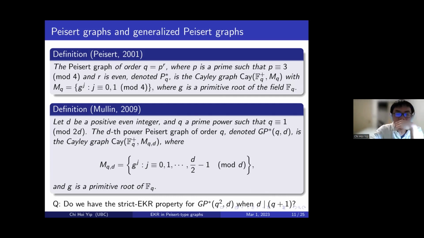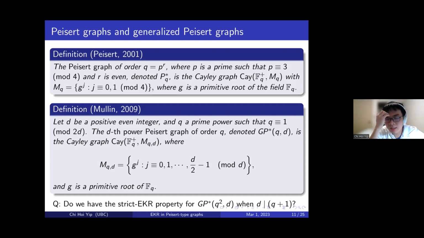Okay, so basically here we have 4 families of graphs, and for the first 2 families of graphs, we know that they have the EKR theorem, and for the third and the fourth family, we would like to show that they have the EKR theorem.